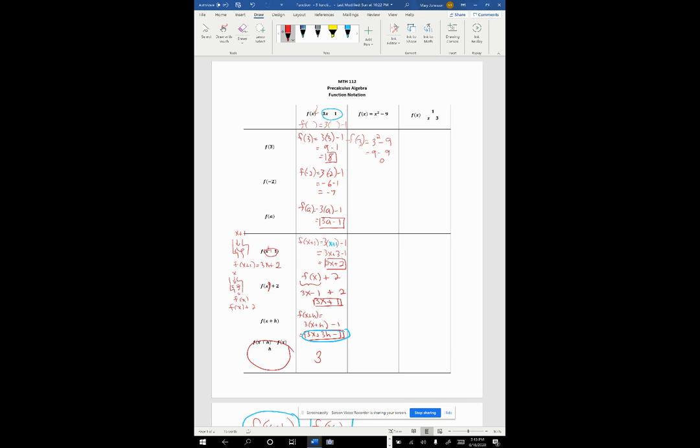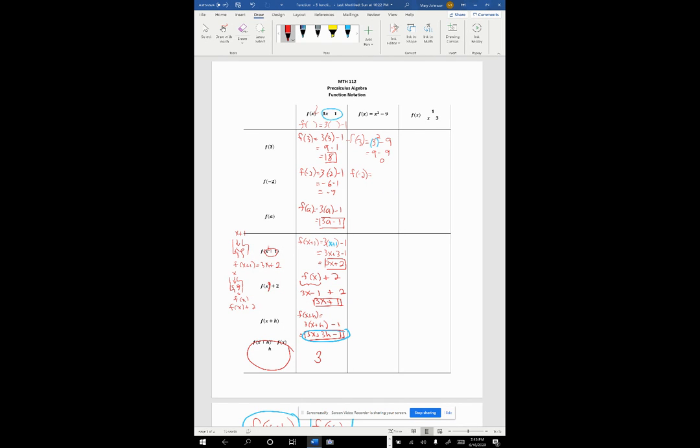Now f of negative 2, you have to be careful, because this rule right here says whatever your input is, you're going to square it. See, when I wrote it on the first problem, I didn't put the parentheses right here because it didn't matter so much. 3 to the second or 3 in parentheses to the second, that's going to give you a 9. But really, I should have been thinking this.